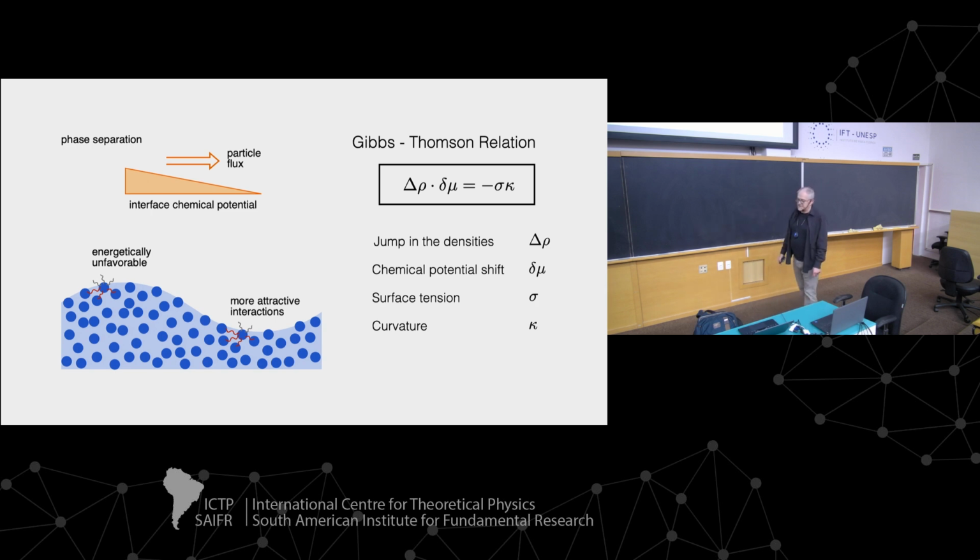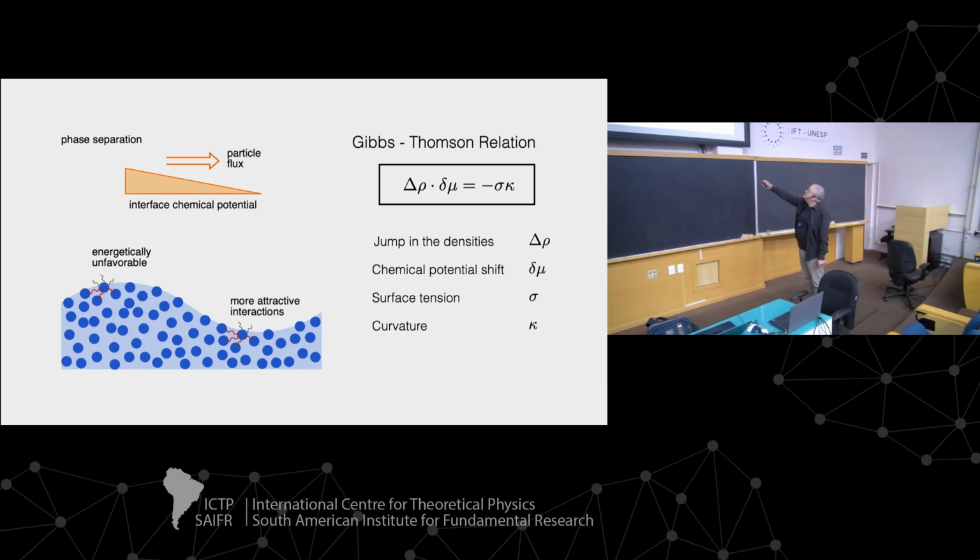And since you change the number of neighbors, you change the surface energy, and therefore you change the corresponding tension that you experience. And there's a famous law that was derived many, many years ago by Gibbs-Thomson. This famous relation, the Gibbs-Thomson relation, relates a few important quantities that appear in the thermodynamics of mixtures and of foams in a similar way. So what you have is a jump of density.